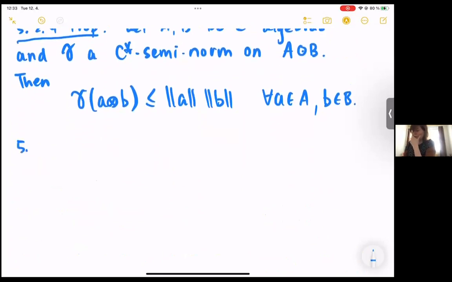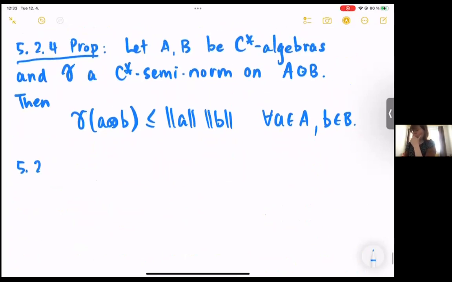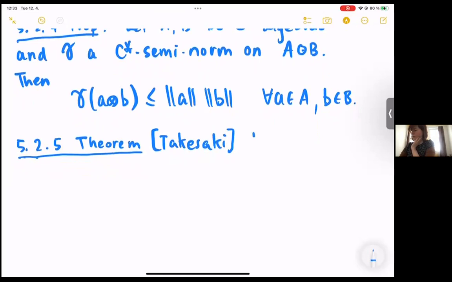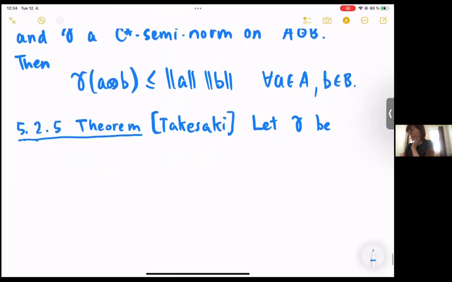And now we come to an important theorem, which I will not prove because it's reasonably involved. It's a non-trivial result due to Takesaki, which says that any C-star norm on the tensor product is bounded below by the minimal tensor product norm.